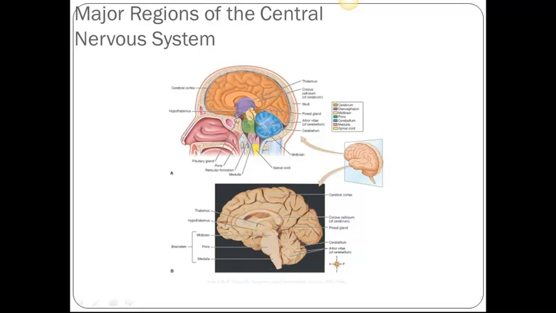We also have the pineal gland, which is very close here and is mainly responsible for melatonin production and our sleep habits. We also have, in the orange here, the cerebrum or the cerebral cortex. The skull is the outer shell, and in the blue here we have the cerebellum.